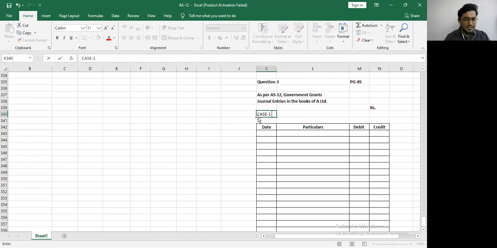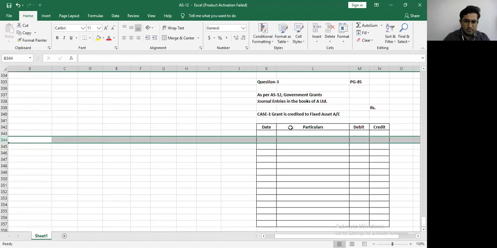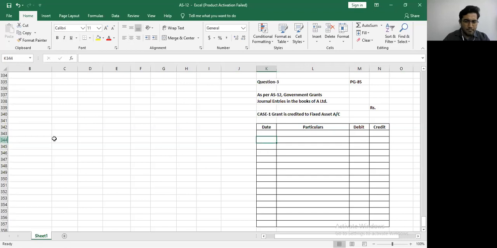It says grant is credited to fixed asset account. In the third year.